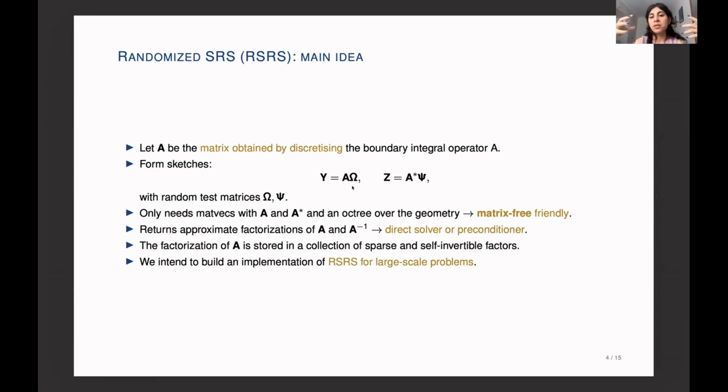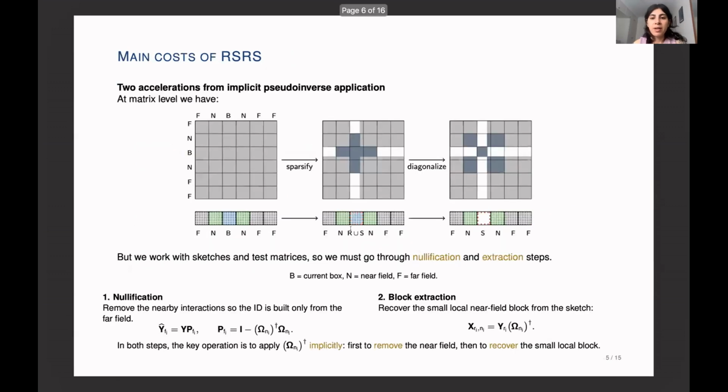So you can develop a matrix-free method that does matrix vector products between the matrix and its transpose. And then you can use Y and Z to derive your factorization and approximate the inverse. So this is very well suited for large scale problems in principle.